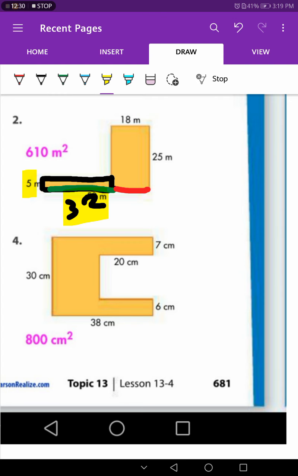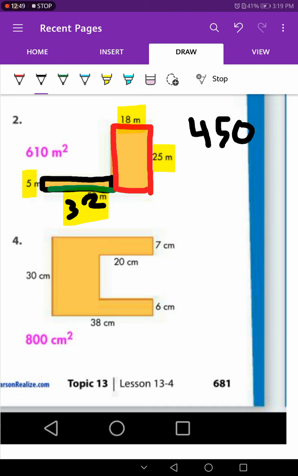Good. So I have 5 and 32. Now what about this rectangle? It is given already. Fantastic. 18 and 25. Don't do anything, just multiply them. So 18 multiply 25, it is 450. And 32 by 5, it is 160.